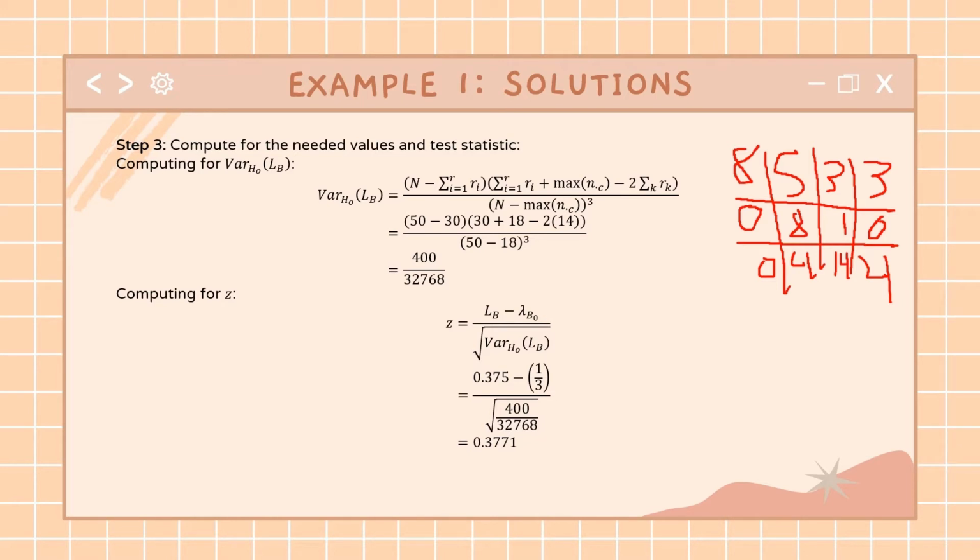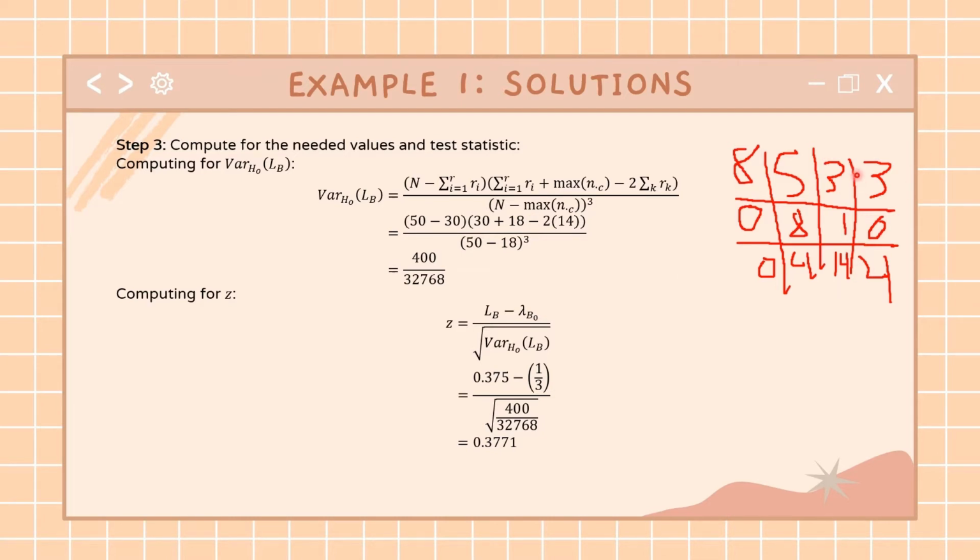Ang notation natin na ito, na summation ng R sub k for all k, ang nire-represent niya ay kung titingin ka dun sa highest column total, ito yung third column na to, i-sum down natin kung ilang values dito yung maximum siya sa row na yon.